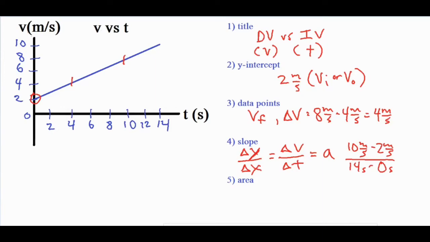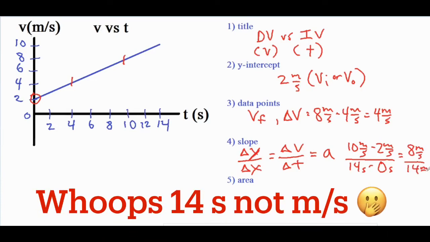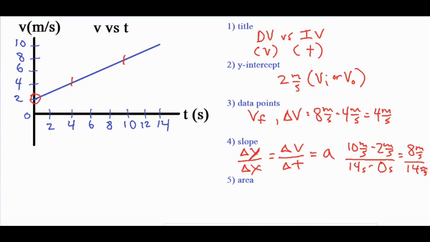So 10 minus 2 is 8 meters per second, and at the bottom, it is 14 seconds. So in the end, our acceleration can be expressed as 4 over 7 meters per second squared, or you could do 4 divided by 7 and then go ahead and round off that decimal.